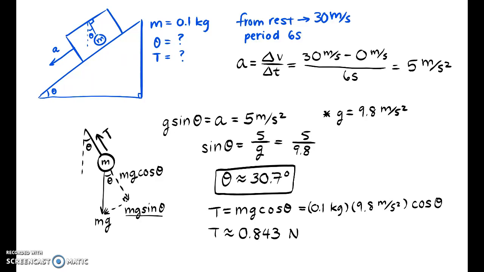And so there is our second answer. So we find that the angle theta which the object makes with the vertical is approximately 30.7 degrees, and the tension of the string is approximately 0.843 newtons.